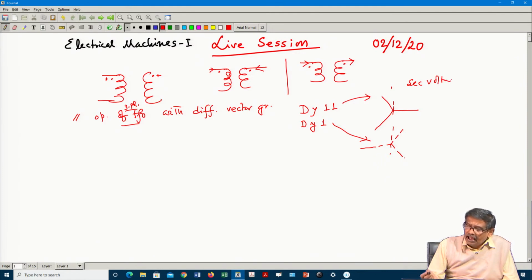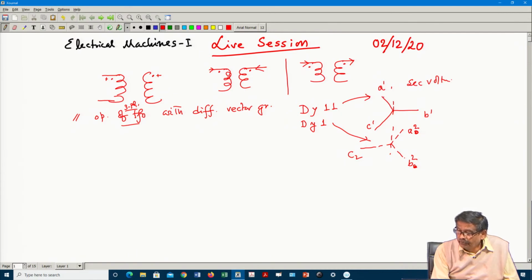If this is the secondary of the first transformer, A1, B1, C1, and this is the second transformer, A2, B2 and C2, then naturally the line to line voltages between A1 B1 and A2 B2 are not the same.